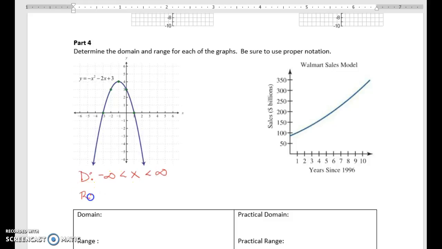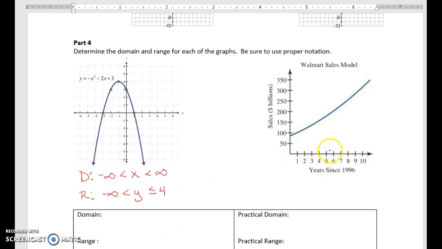And then the range: this one is going down. The up and down, which is our range, is going to go down all the way. So the lowest range value is negative infinity. Again, we cannot include it because we cannot touch it. The variable this time is y, and it goes all the way up to the value of 4, and it also includes 4.